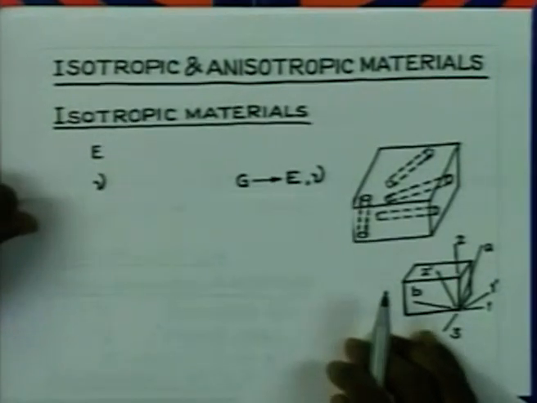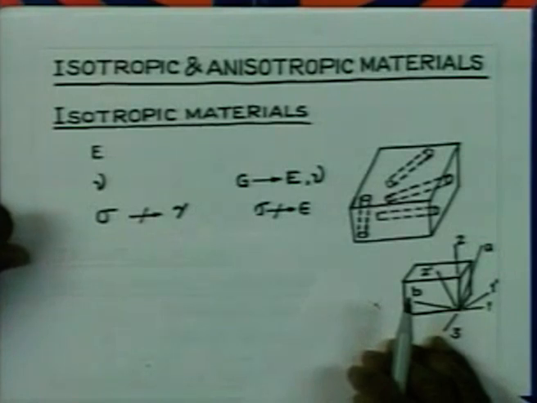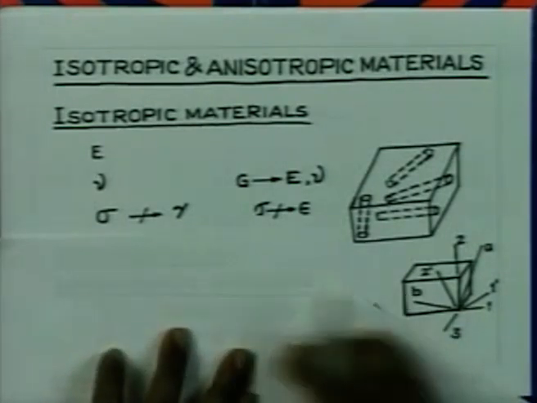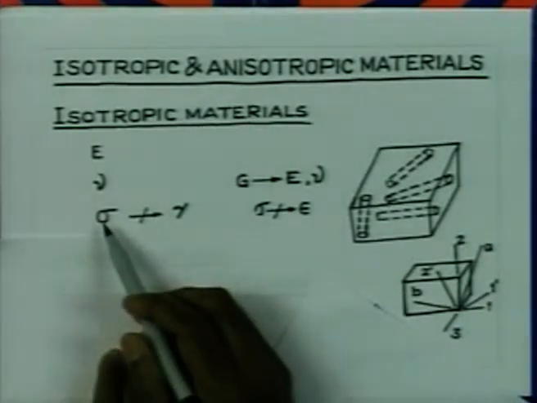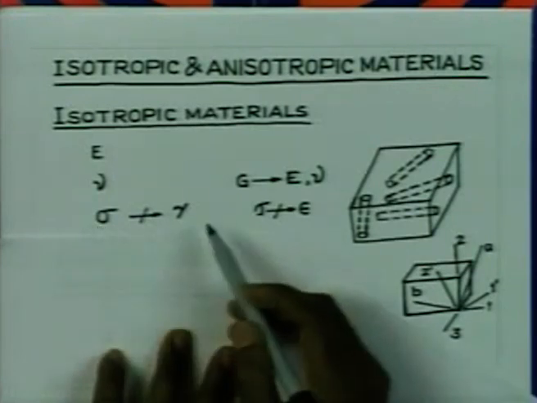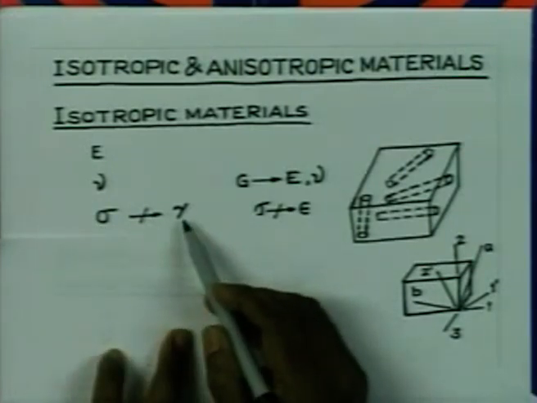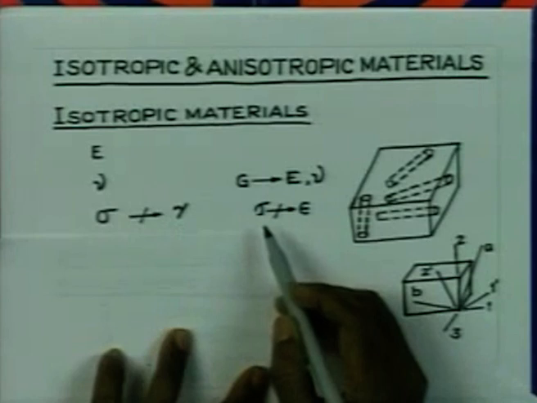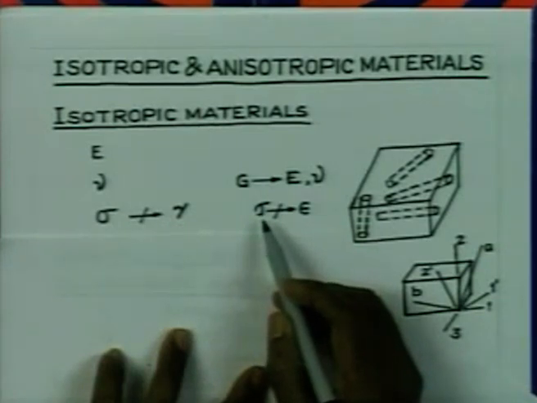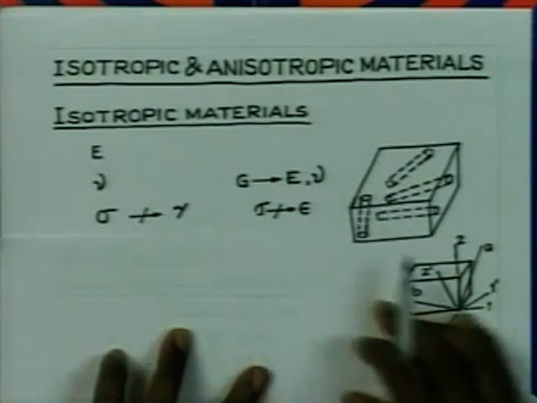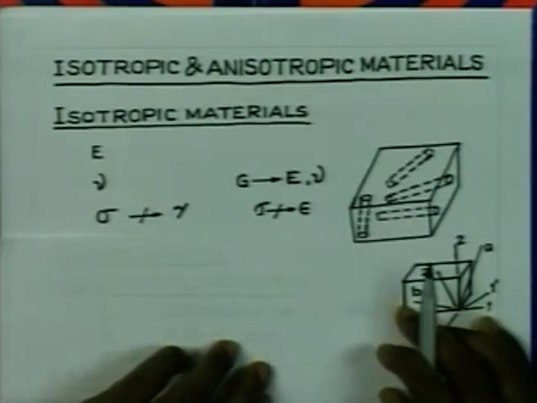And another important feature of an isotropic material is that the normal stress applied in any direction is not going to induce any deformation or shear strain. Similarly, if you apply shear stress in a plane, it is not going to produce any normal strain. So, normal stress and shear strain, or shear stress and normal strain, are uncoupled.